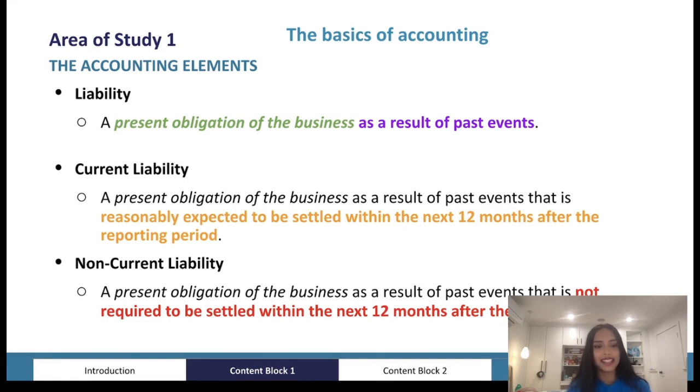Obviously, in that case, even though part of that loan was a non-current liability, they ended up paying the entire loan within 12 months. But that is an exception. So we basically say, can you expect this to be settled within 12 months, or is it not required to be settled within the next 12 months?